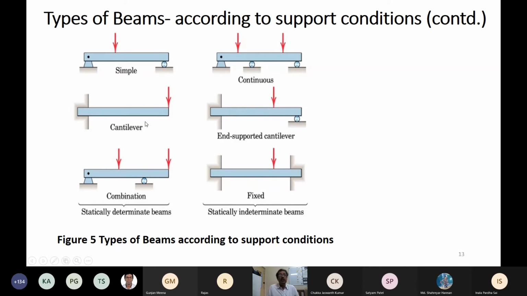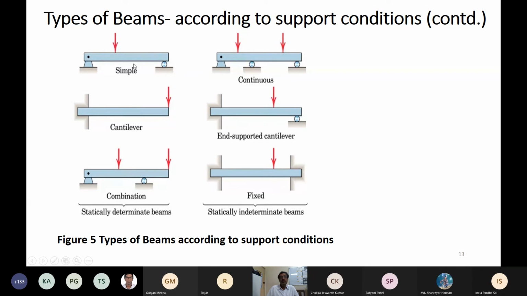A cantilever beam has one end completely fixed and the other end free. A corresponding statically indeterminate beam will be a propped cantilever or end supported cantilever where you support a cantilever to share the load both sides. That is good for the beam, but that is bad for your now tackling the problem in basic engineering mechanics. So you have an additional support than required, and you cannot solve it through only equilibrium equations.